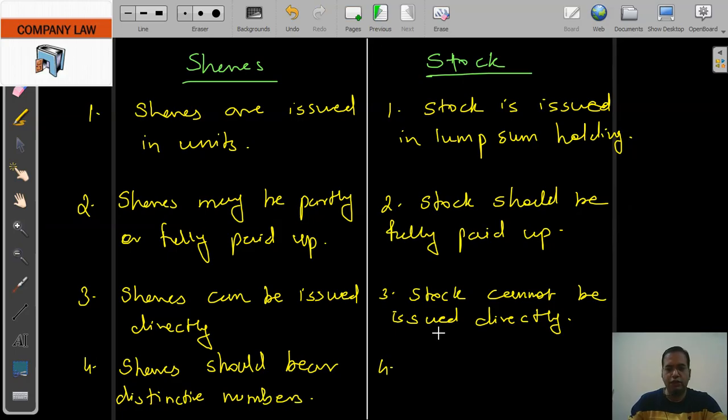Stock should not bear a distinctive number, or stocks are never numbered, or you can say stock should not bear a distinctive number. Just opposite to that.